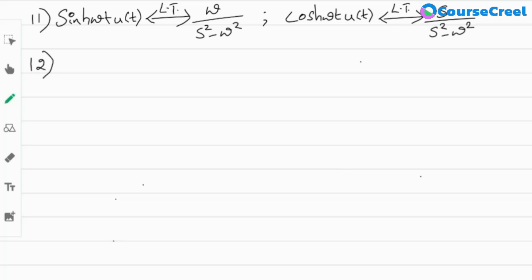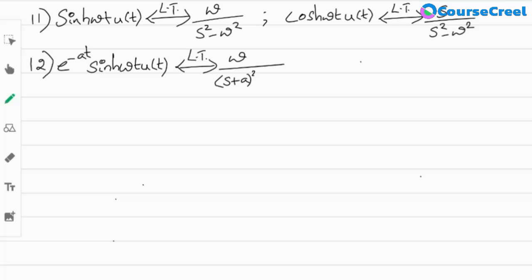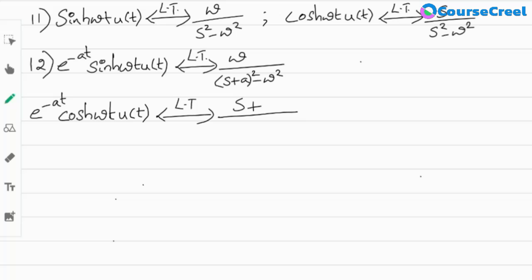And next is the Laplace transform of damped hyperbolic sine and cosine functions, that is e power minus at sinh omega t u of t is omega by s plus a whole square minus omega square, and e power minus at cosh omega t u of t is s plus a by s plus a whole square minus omega square.